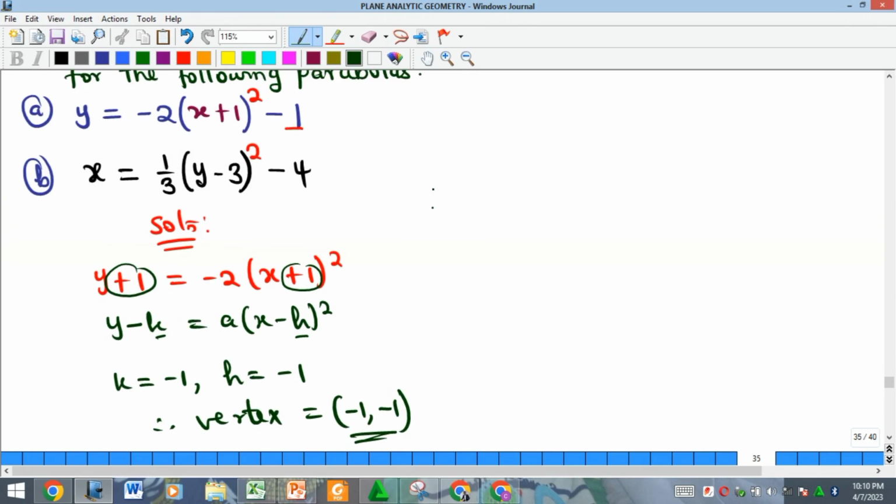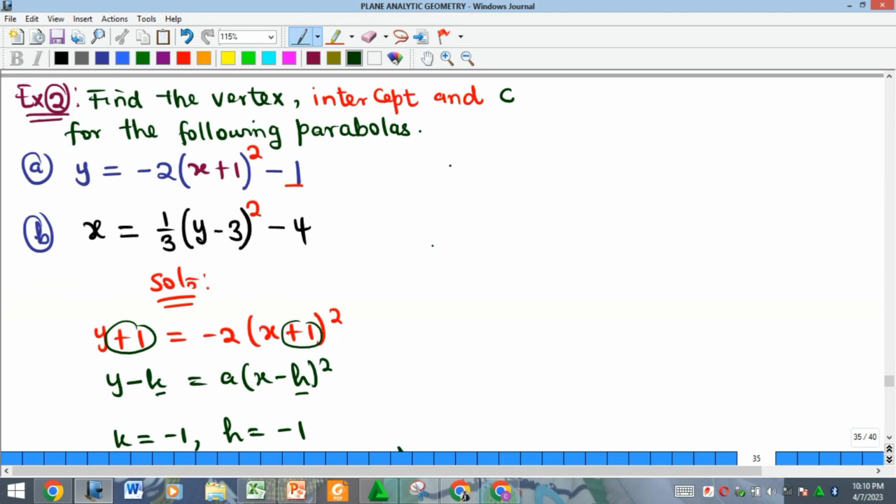Okay, so if I now want to find the intercept, remember, from the equation we are given, y is equal to minus 2 into x plus 1 all squared, minus 1. To get the y-intercept, I will make my x be 0.